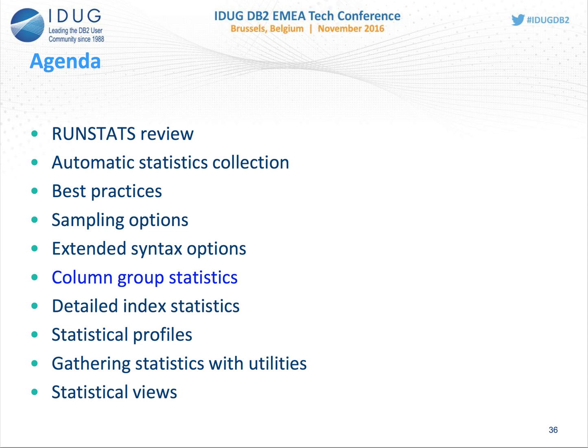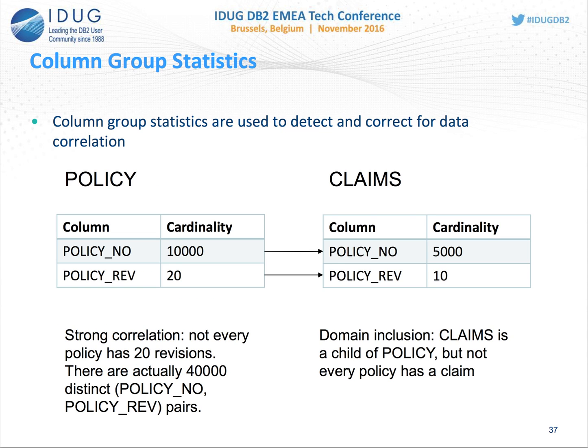You might have one policy that's had 20 revisions, which is the maximum that exists, but most policies maybe only have one or two revisions. So the actual number of combinations of policy numbers and revisions isn't the product of the number of distinct values in each one, it's actually a smaller number. In this case, rather than 200,000 combinations, there are only 40,000.